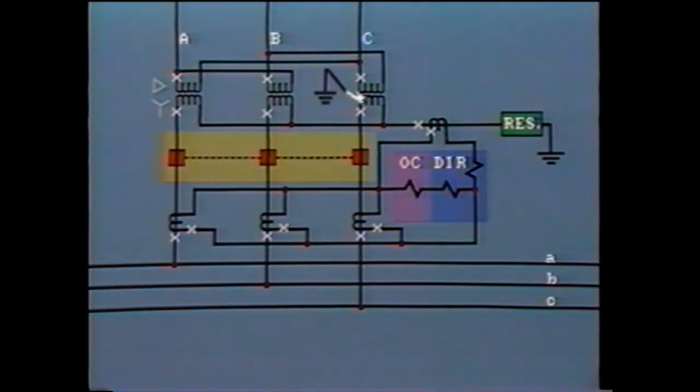Now, for an internal fault, current will flow into the transformer from the feeders through the fault and circulate up the neutral. The circulation of CT secondary current is such that the directional unit picks up. Also, the two currents add in the operating coil and so trip the relay.